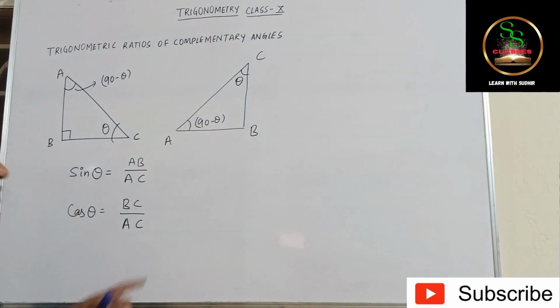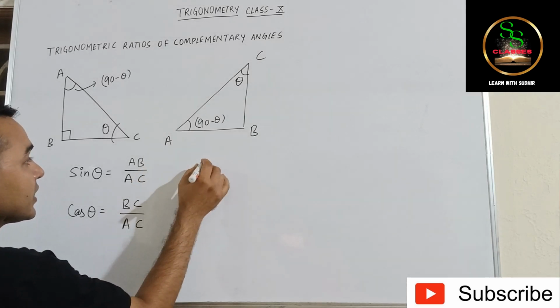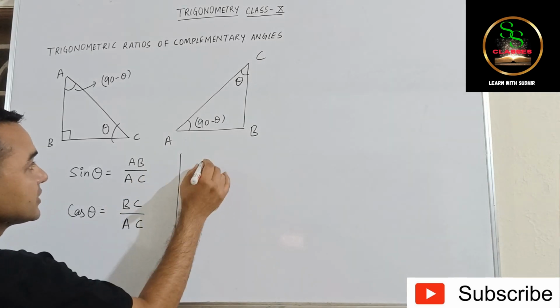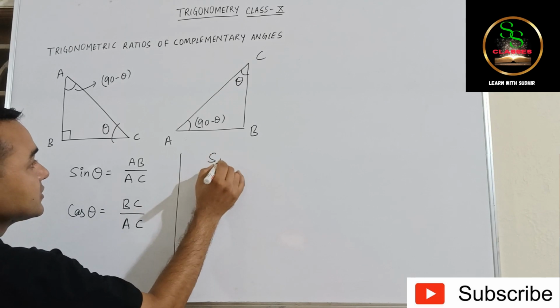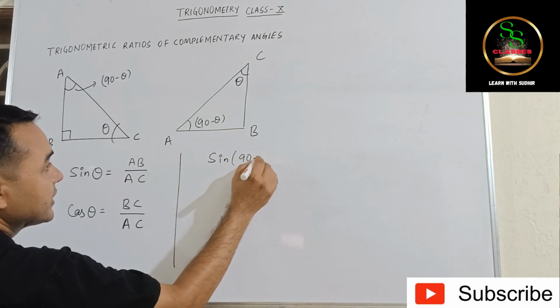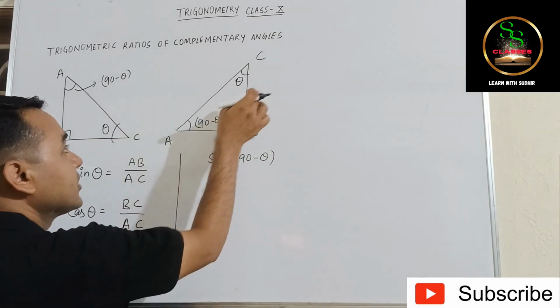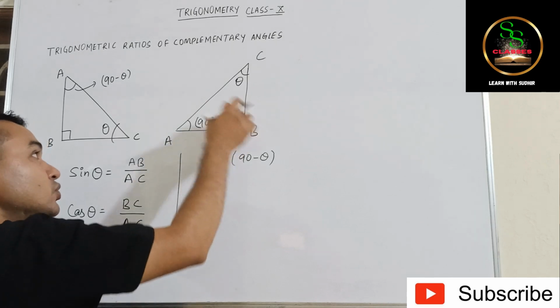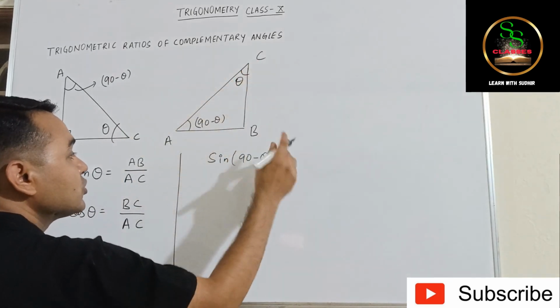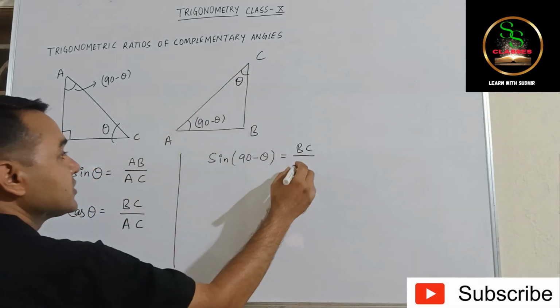Now if we talk about this triangle, angle A is 90 minus theta. When we find sin of 90 minus theta, it will become the side opposite to the angle over the hypotenuse. So the side opposite to the angle is BC, by hypotenuse AC.